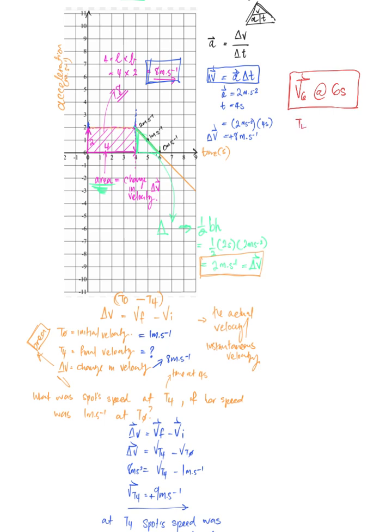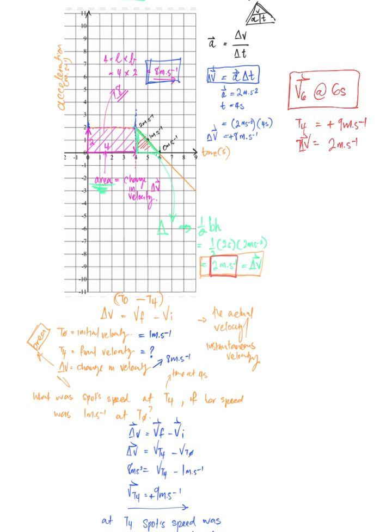I know that at T4, it's moving at positive 9 meters per second. And I worked out the area of this triangle as 2 meters per second. So the change in velocity for that area is 2 meters per second.